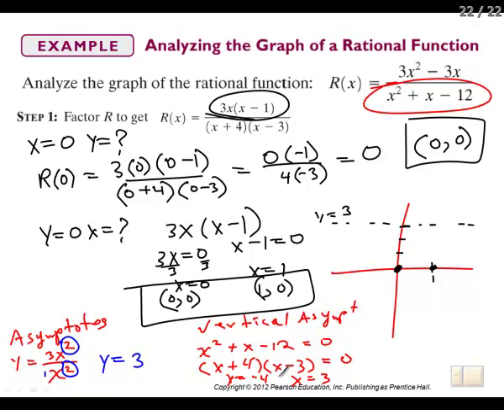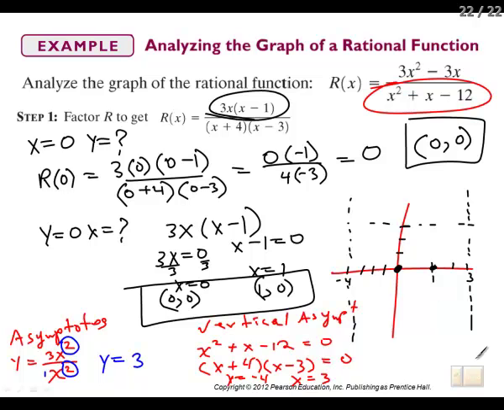And we have two vertical asymptotes at x equals a negative 4 and x equals a positive 3. Okay, and so this is what our graph looks like so far.